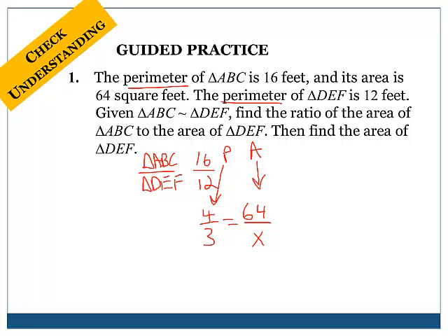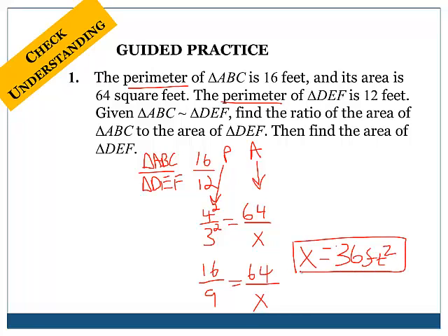And again, if you were comparing area to perimeter or corresponding side length, you have to square each one of the numbers. So if you do that, you get 16 over 9 equals 64 over x. So when you cross multiply and solve, you should get x equals 36. You can put feet squared.